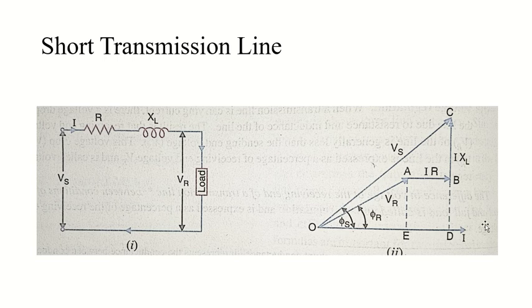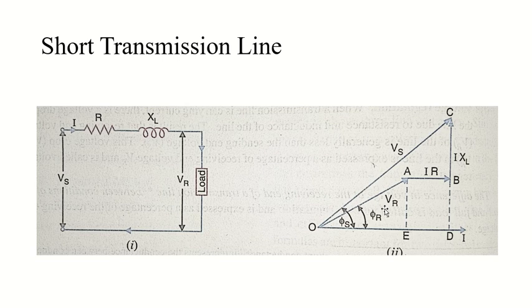This OA line represents the receiving end voltage, given by VR, and it is leading the current by angle phi R. Remember, whenever we consider a lagging load, your voltage leads your current. So that is what is happening here.